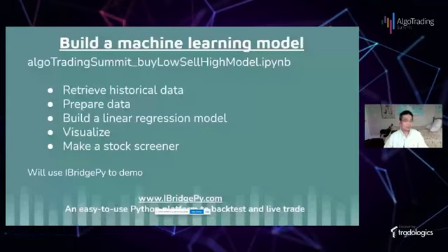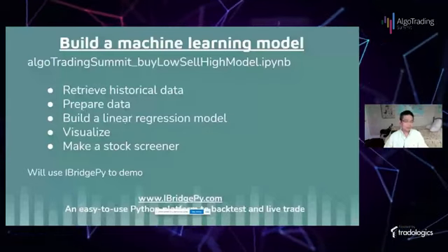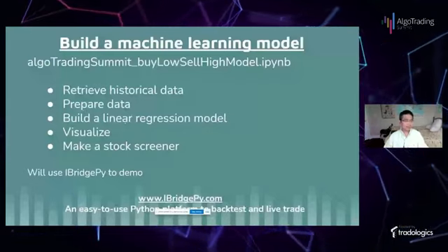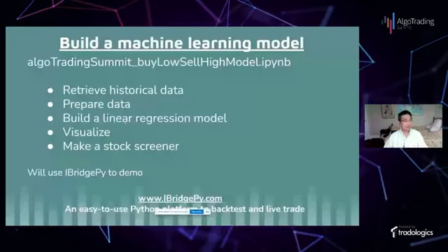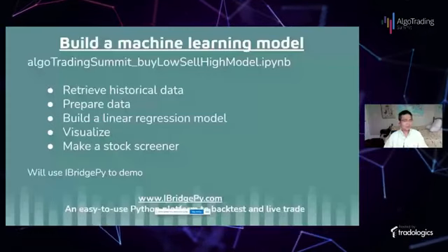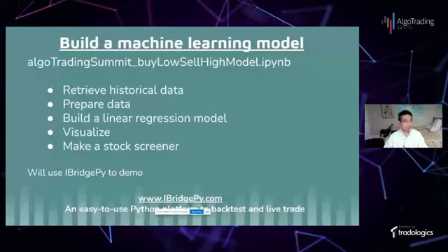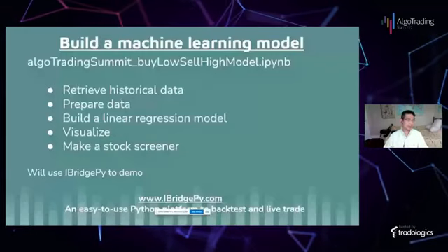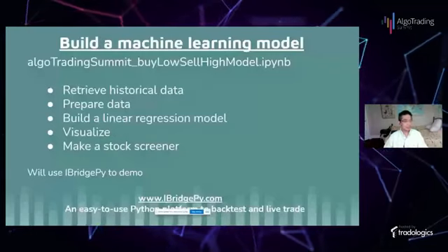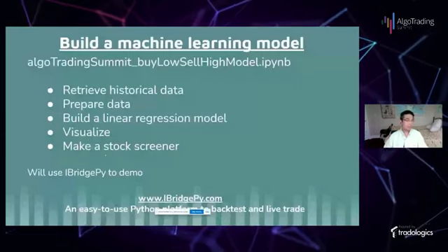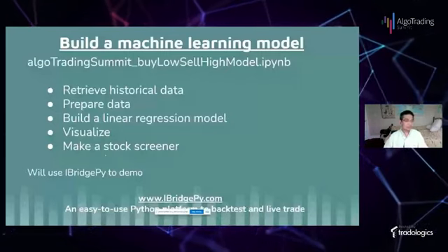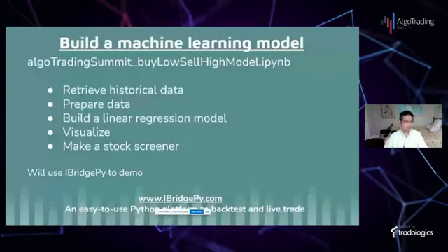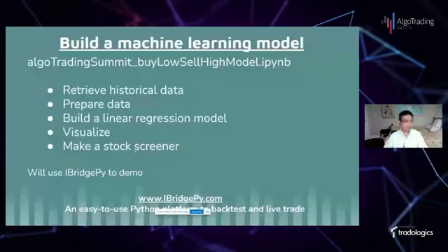Then I will build a model using a very popular machine learning Python package. After that, to help you visualize, I will draw some charts to help you identify either trend or some correlation. Then I will use the function to make a stock screener. So you can use the demo code.